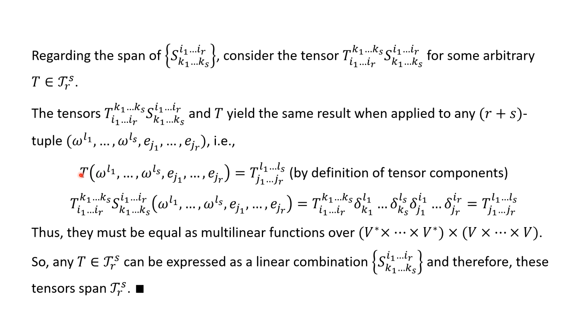And so any element from our tensor space can be represented as a linear combination of tensors from our set here. And that's what we wanted to show. Okay, so this set is both linearly independent, as well as a spanning set of our tensor space, and therefore it's a basis.